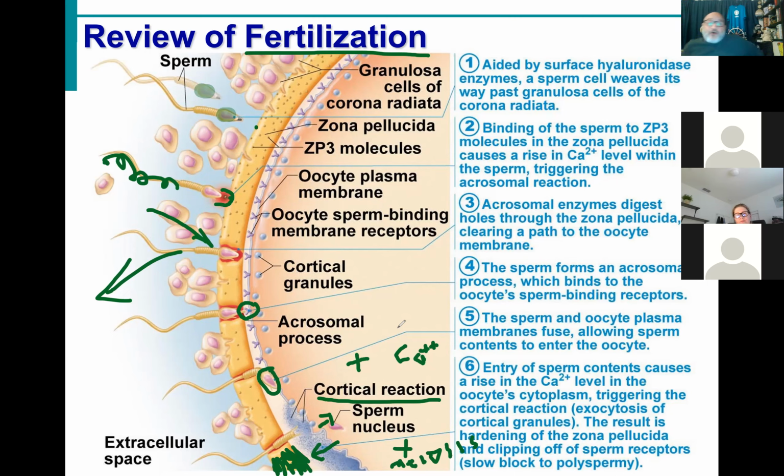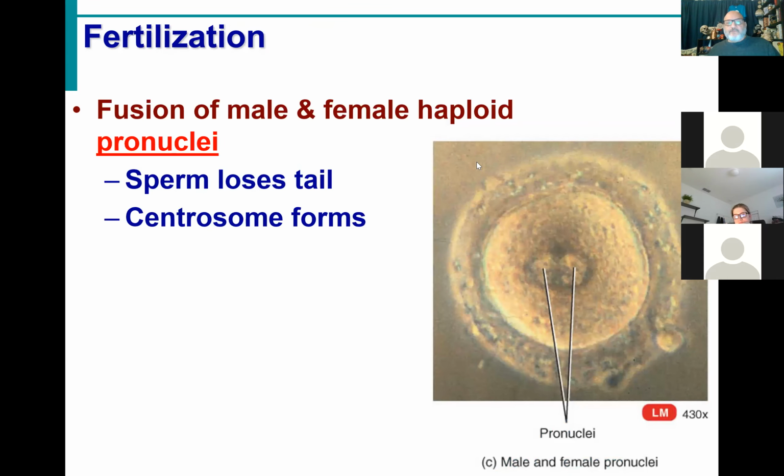All right, so how do we get from a fertilized ovum to a zygote? Well, at first, as we can see here, we have that single cell, that ovum, that has completed meiosis 2, and it has its own haploid nucleus.